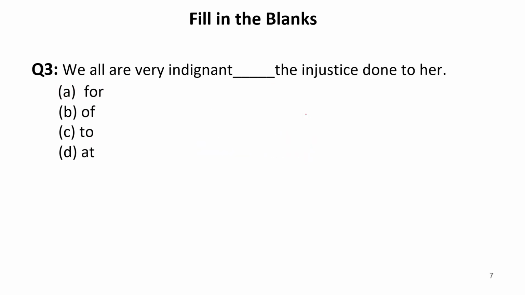Now let us move to the next fill in the blank. We are all very indignant dash the injustice done to her. Now, this word indignant means when we are angry, annoyed. Now, with this word, we use a preposition.